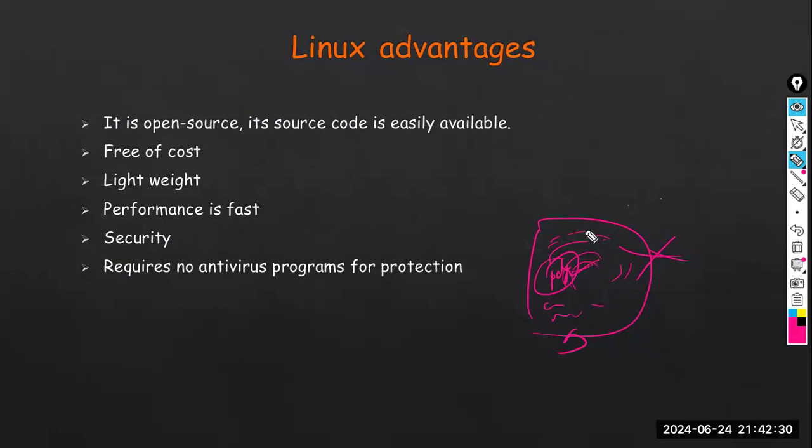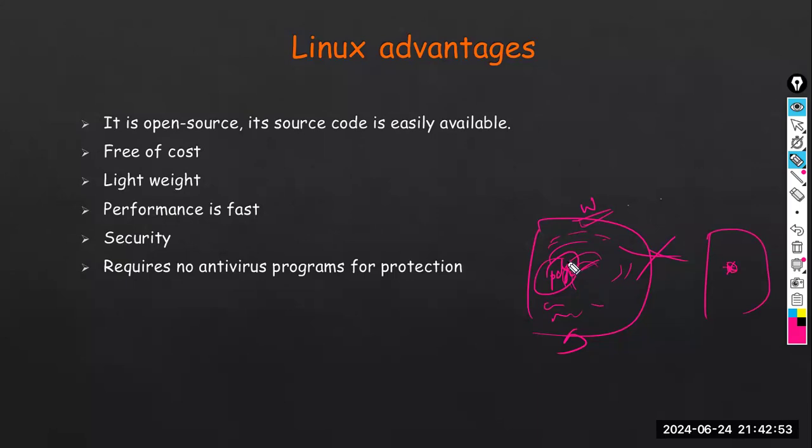Okay. Understood this one? So in Windows, it will spread. In Linux, it will not spread. It will be limited to that package only. If you delete that particular PDF software, that is fine.